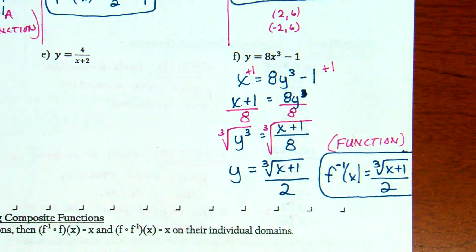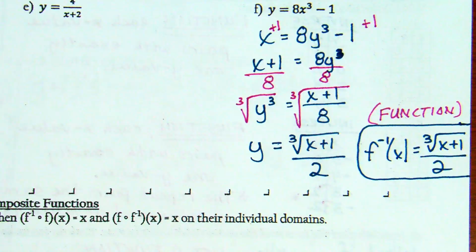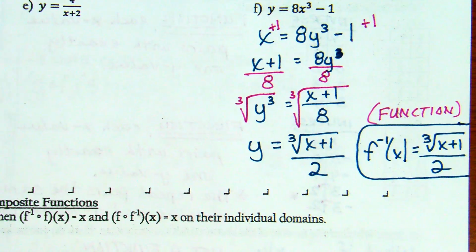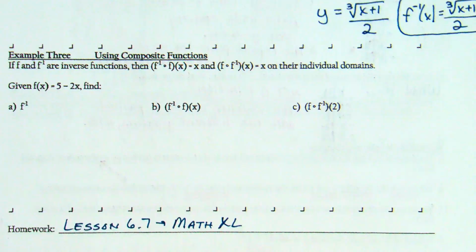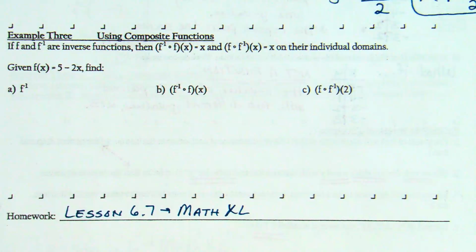Now, the point that's being made here is if you have a function and its inverse. So if f and f inverse are inverse functions, then two things are true. The composition of f inverse composed with f will always equal x, and reverse it, f composed with f inverse will always equal x.